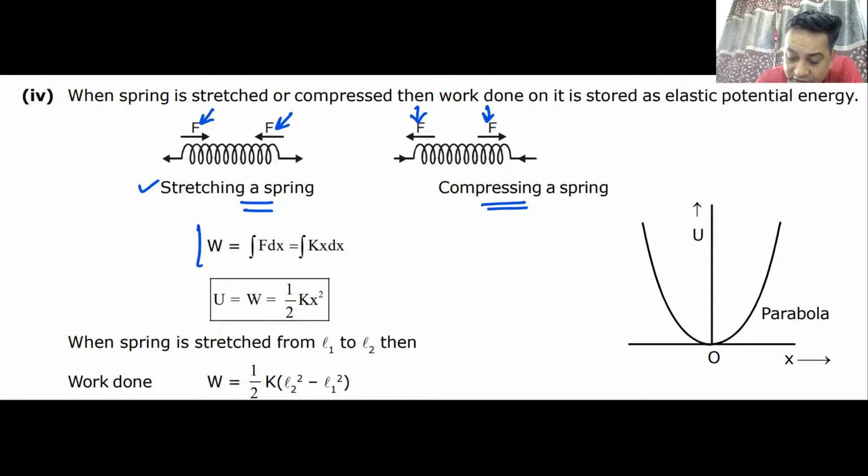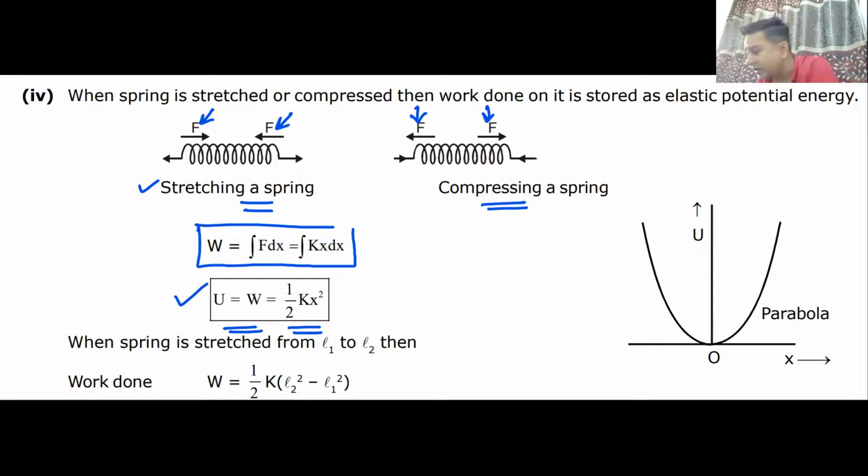Now there is work done when the spring is stretched by an amount x. This work done is the energy stored in the spring, which is half kx squared. This energy is similar to what we had seen in SHM, the potential energy in SHM.